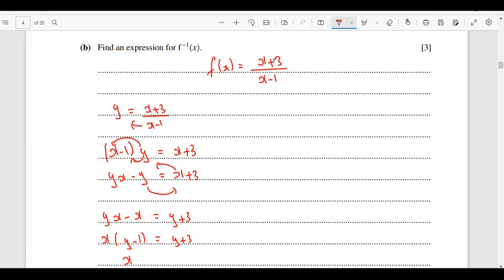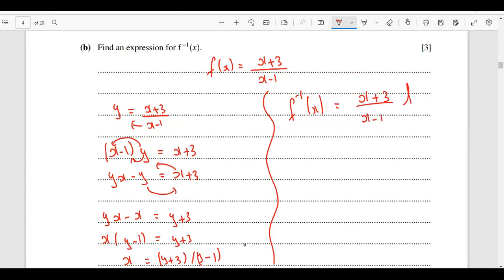And finally, x would be y plus 3 divided by y minus 1. And now I need to replace the variables. It would be f inverse of x equals x plus 3 divided by x minus 1.